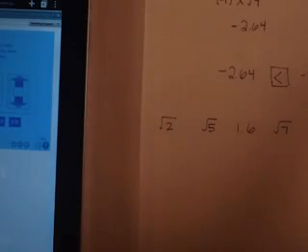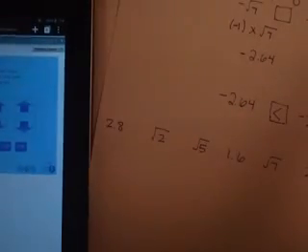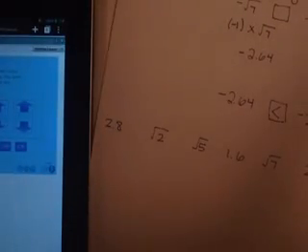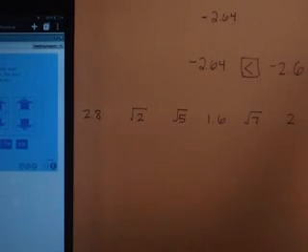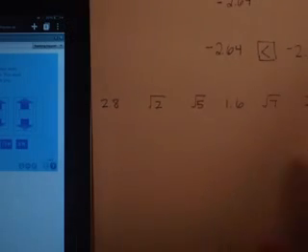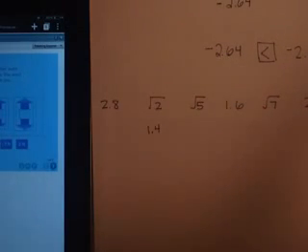So what we need to do first is go through these square roots. We don't have any fractions, so we need to turn these square roots into decimals. So 2.8 is already in decimal. Square root of 2, I want you guys to find out what that is in decimal form, which is approximately 1.4.